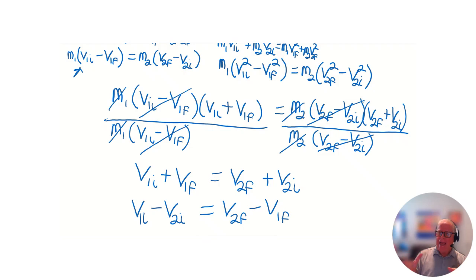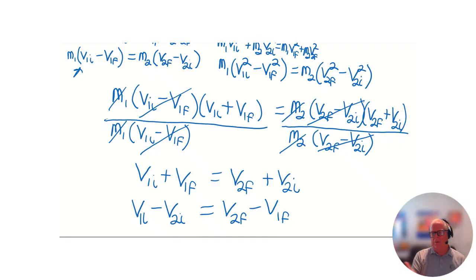So again, you're adding up the two velocities. What you're basically saying is this is how fast they're going apart, because now we've got v2 final going to the right and v1 final going to the left. And that essentially means that you're adding their two speeds to say how fast they are separating. So a way of expressing this relationship that we just derived is to say this is the speed of approach equals the speed of recession, how fast they're going apart.